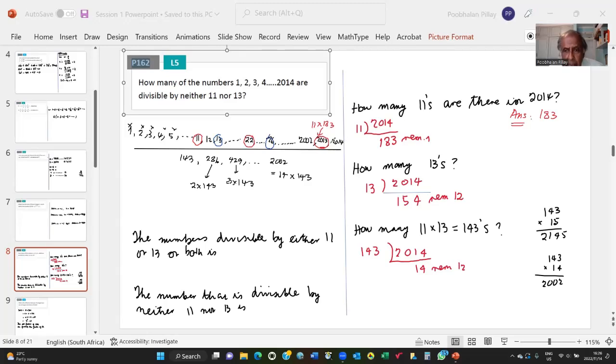So when you take away 12 from this, that's where you get 2002, right? You take away 12 from that. This thing here is a multiple of 13, right? Because it's 13 times what? It's 13 times 154. So this is 13 times 154.